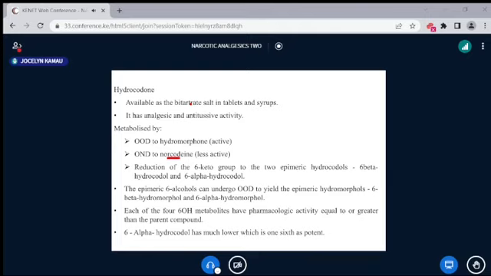The epimeric 6-alcohols can undergo oxidative O-dealkylation to the epimeric hydromorphols. Again, remember, they are codones, so they have a methyl group at position number 3. They can undergo oxidative O-dealkylation, more specifically, oxidative O-demethylation.